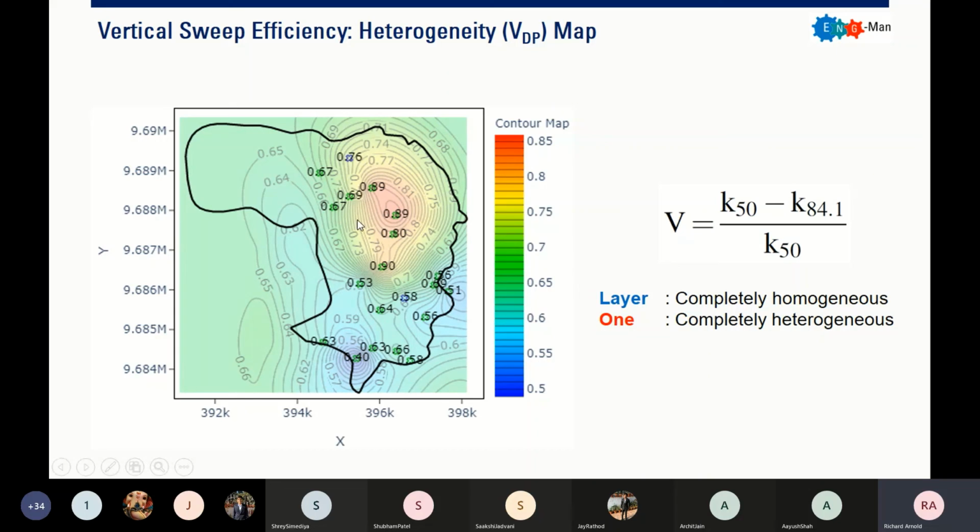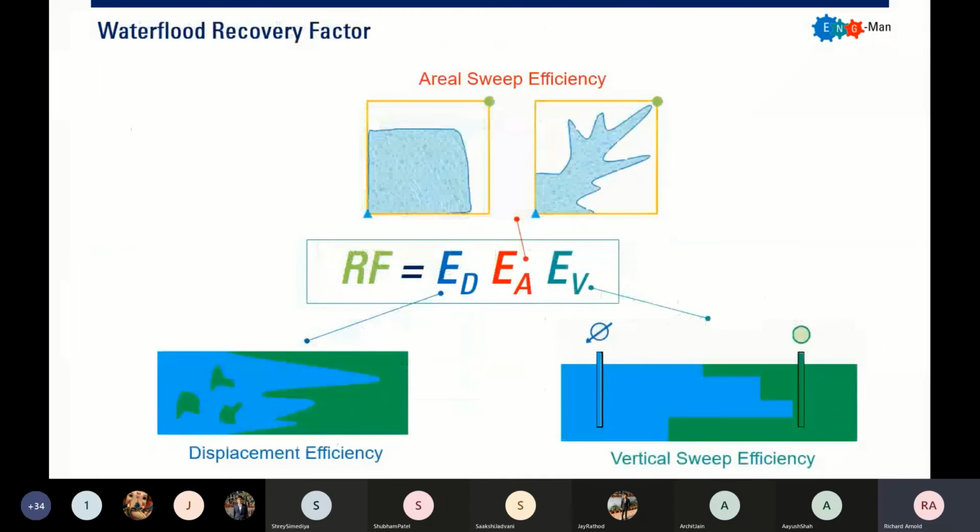So in this way, I know I need to implement irregular water flood rather than regular pattern water flood. So actually, after you know displacement efficiency, areal sweep efficiency, and vertical sweep efficiency, you can calculate your recovery factor provided by the water flood. All right.